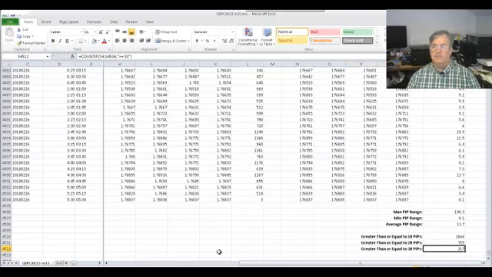So 217 candles out of these 4,500 candles are either equal to or greater than 30 pips. So that's helpful, right? If you have a pip target, then it's helpful to know what's actually happening, so you can have a reasonable expectation of your target.